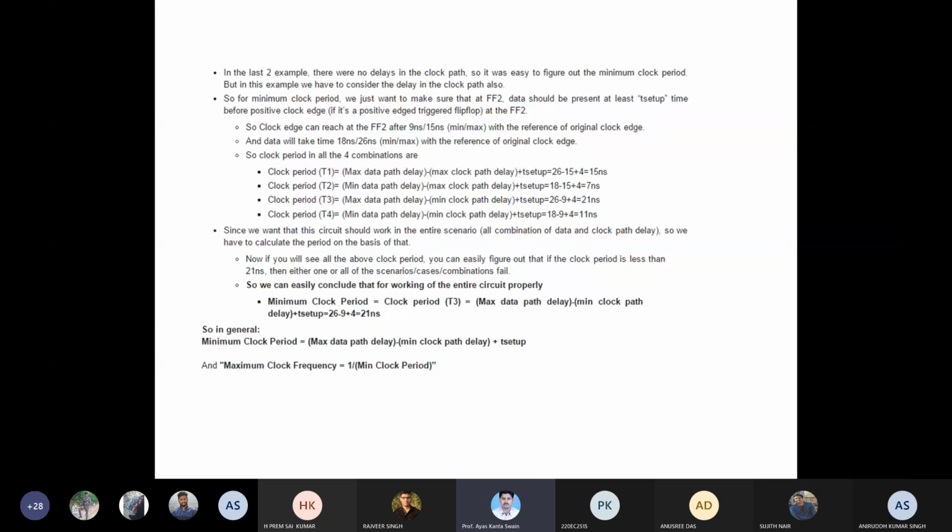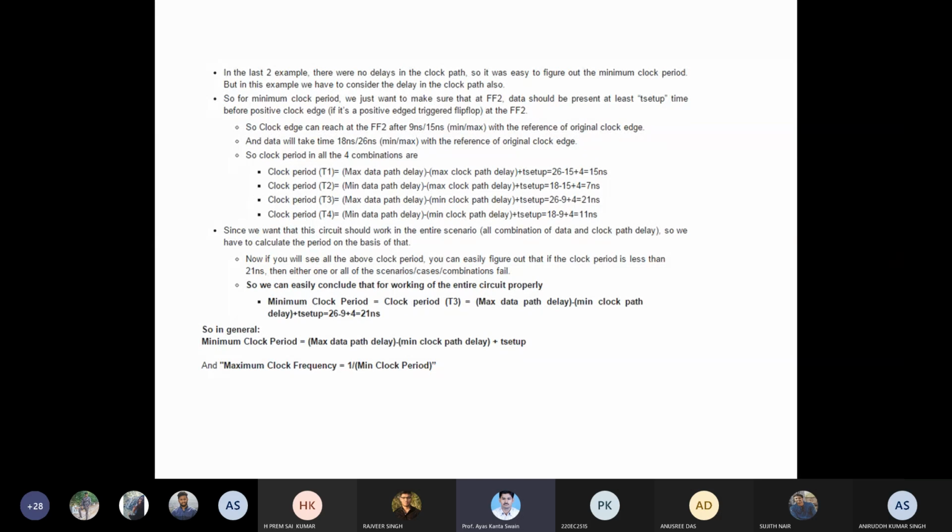They saw that in the third clock period, where we take the maximum data path delay and the minimum clock path delay with the setup time, we get a value of 21 nanosecond. So to complete all the operations in this design, our minimum clock period must equal T3, which is maximum data path delay minus minimum clock path delay plus T setup. So 26 minus 9 plus 4 is 21 nanosecond.